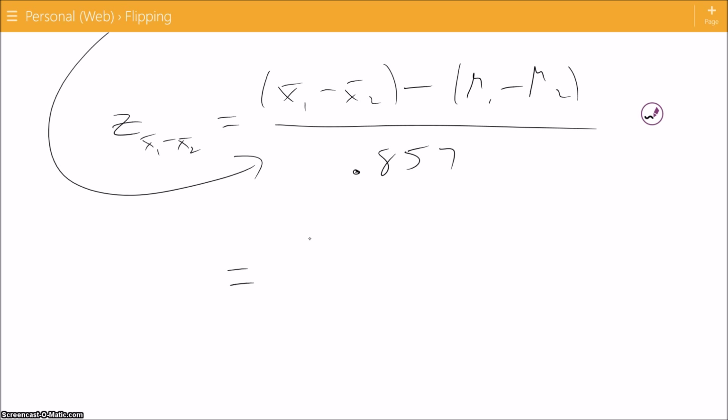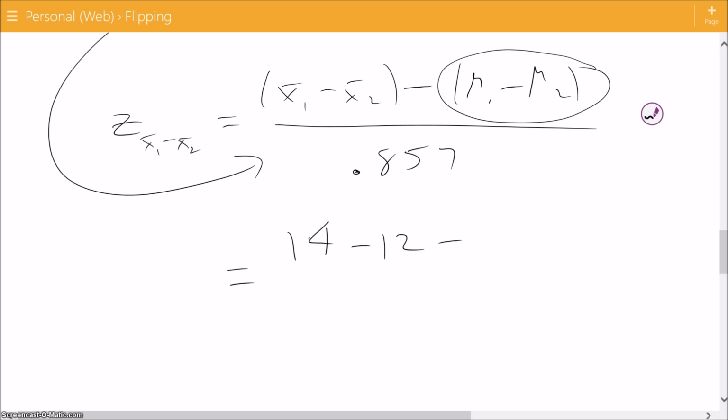And this is going to equal 14 minus 12 minus, now here's kind of the slightly weird thing. Our null hypothesis is that these two are equal, mu 1 and mu 2. So if mu 1 and mu 2 are equal, then mu 1 minus mu 2 is going to be 0.